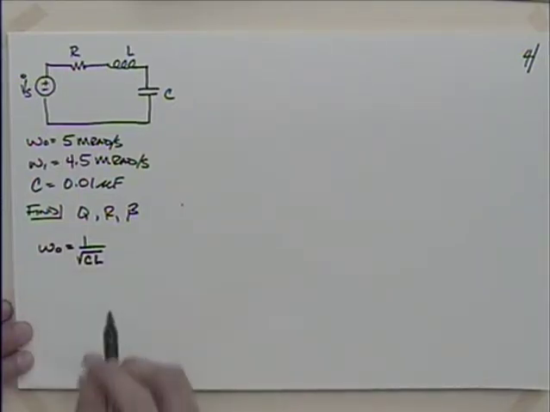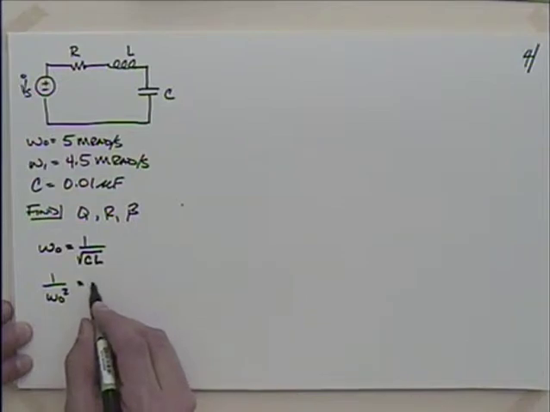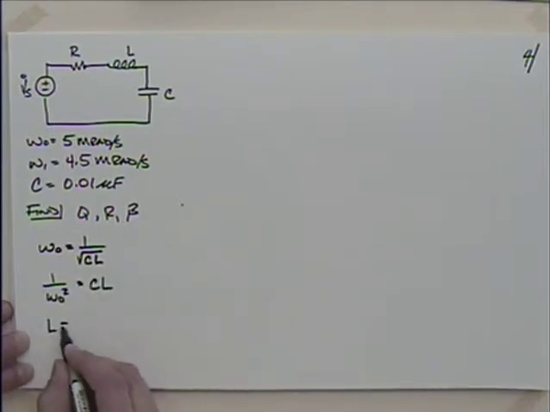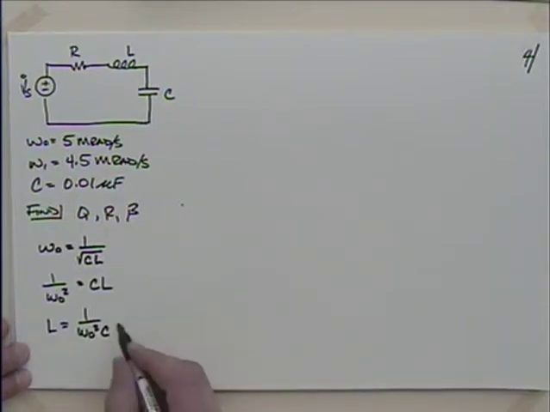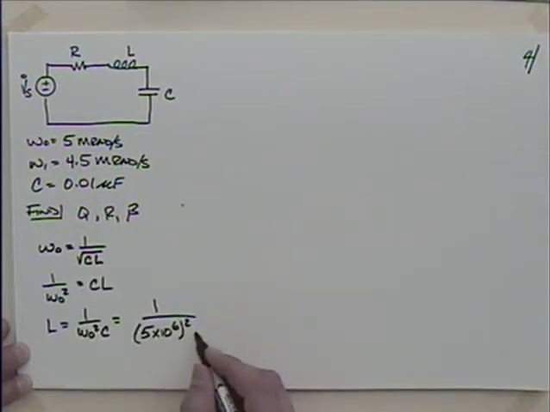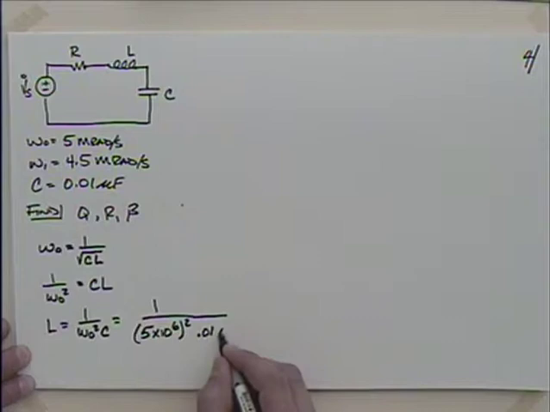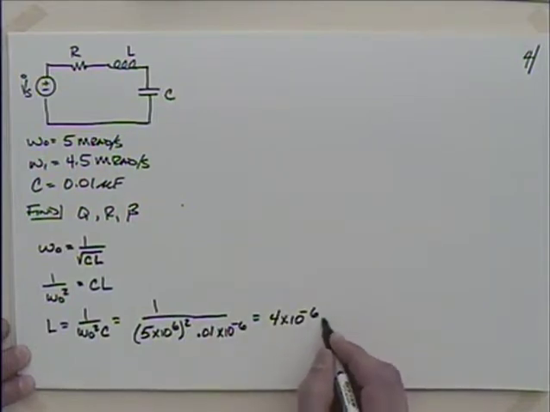So if I rearrange this, I could say that 1 over omega naught squared is equal to CL, or that L is equal to 1 over omega naught squared times C. So I could say that this was 1 divided by 5 times 10 to the 6, because we've got omega, we've got that squared, and then I've got to multiply it by C, which was 0.01 times 10 to the minus 6. Which we end up with 4 times 10 to the minus 6 henries.